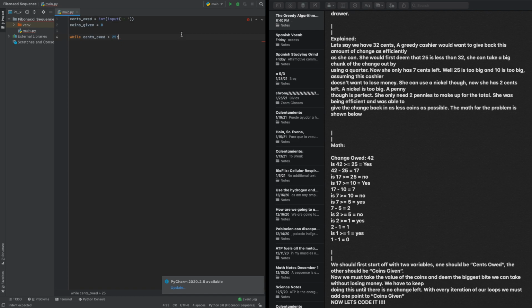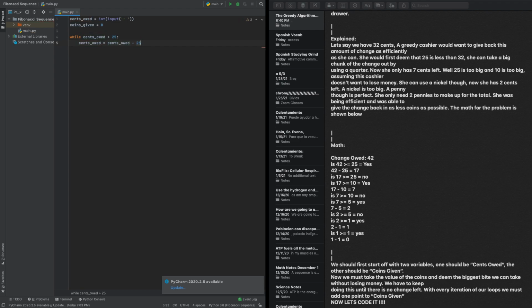While cents owed is greater than 25, we must take cents owed and subtract 25 from it. This will equal cents owed. So now we are updating our variables.